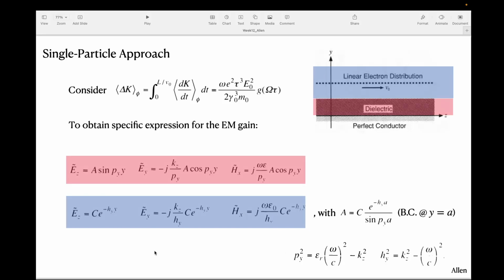And the relationship between the A coefficient and the C coefficient is expressed here, which is obtained at the boundary condition y equals a, which is exactly here. And the corresponding Ey and Hx are discussed previously, and of course the ky is what we said maybe alpha y would be a better way for us to understand.